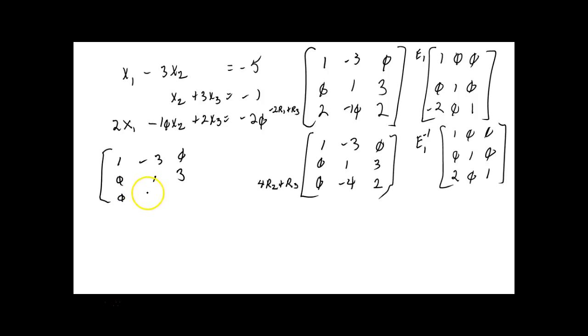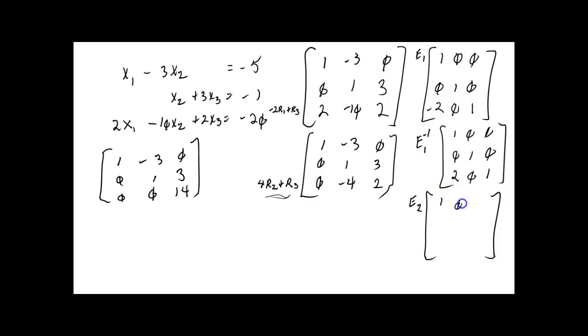0, 0, 14. Okay. Now, what elementary row operation, E2, did that same thing for you? This thing right here.